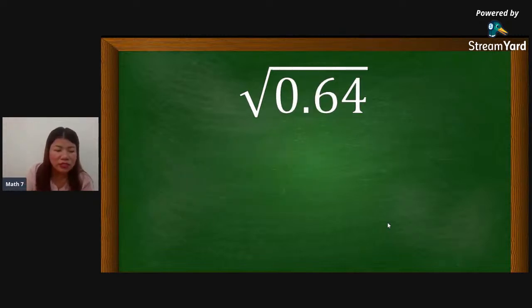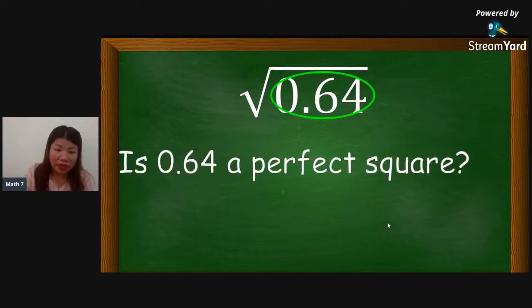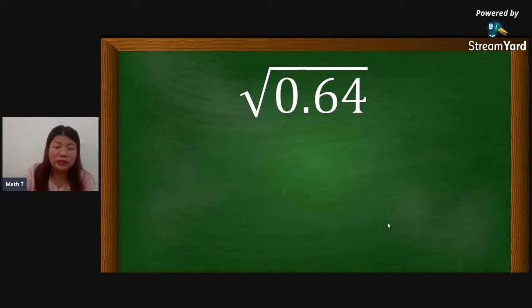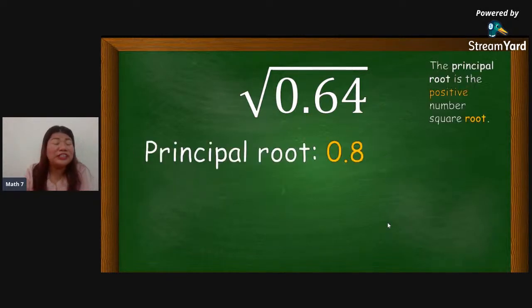Next, principal root ng 0.64. Okay. 0.64 is a perfect square. Ang principal root nito ay 0.8 lang.